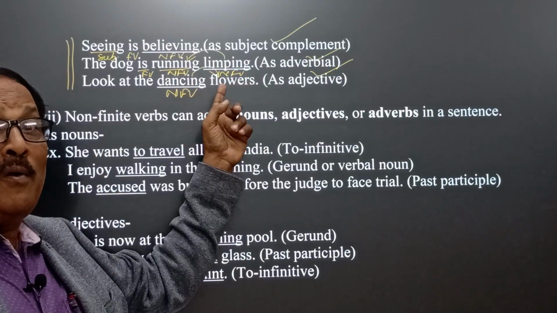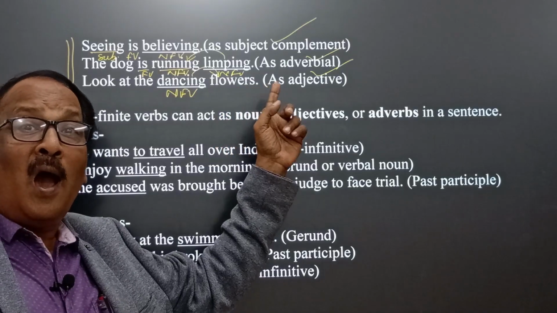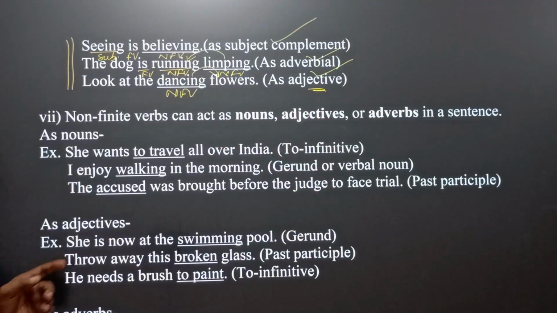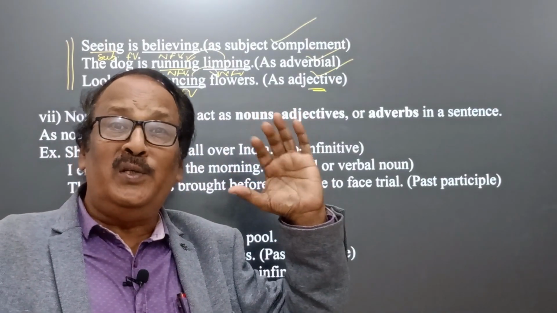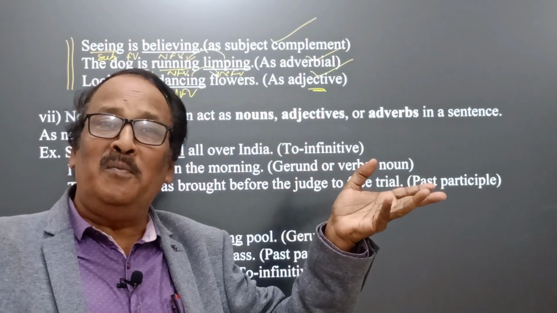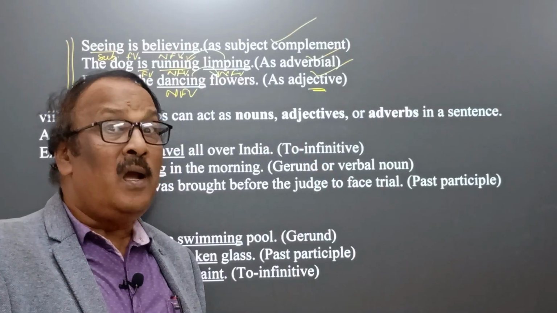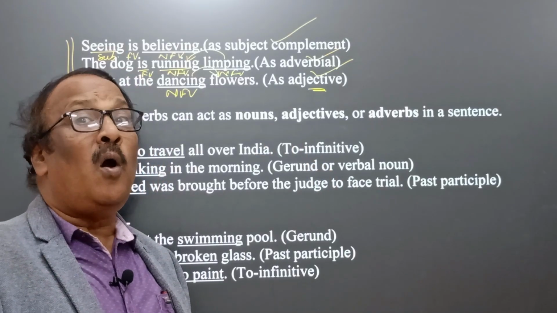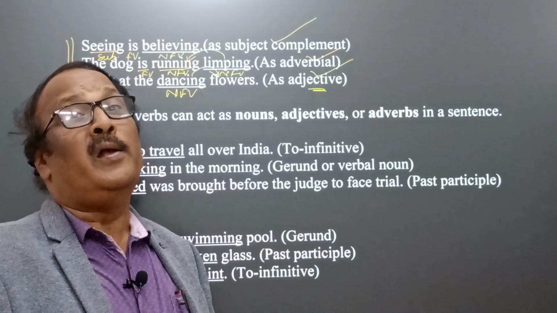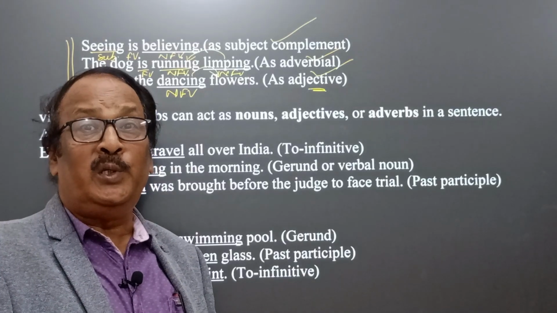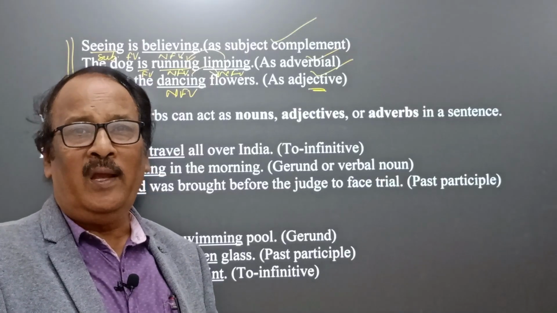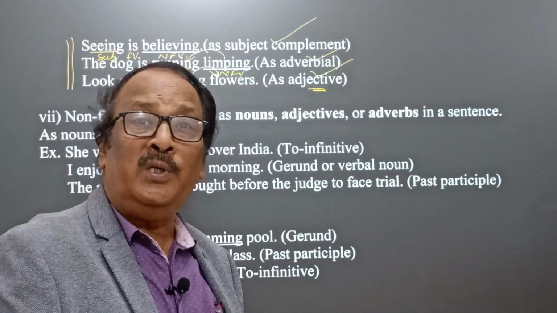It means the flowers which are dancing. These are very interesting ideas. Remember how a gerund is used as a non-finite verb, as a subject, as an object of a preposition, as an adverb, and as an adjective. This is the way we use gerund.